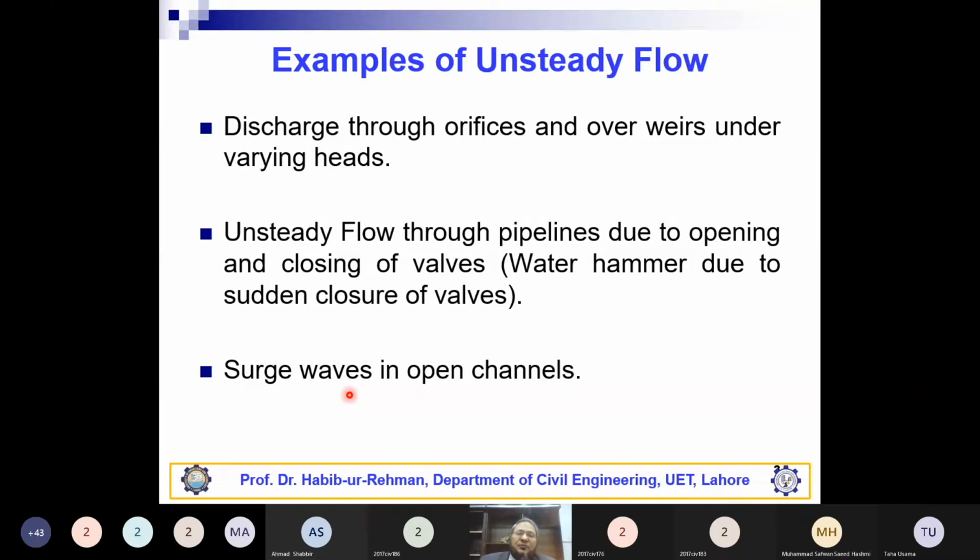A surge wave will generate and the depth of flow will change. That is also an example of unsteady flow, but in open channels. So these three are very famous examples of unsteady flow, which may cause problems in engineering structures, and that's why we will study all these three, inshallah.